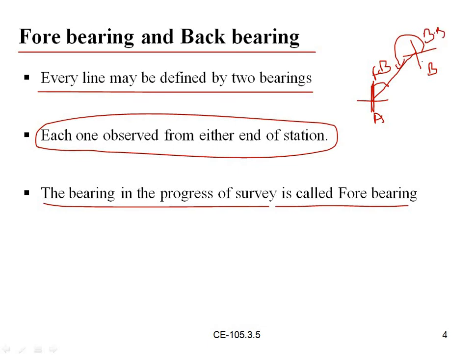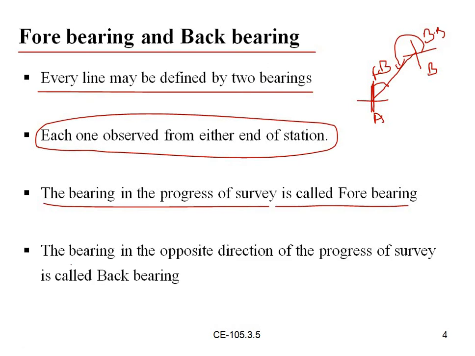That means if we sight in the backward direction, the bearing in the opposite direction of the progress of survey is called back bearing. In simple terms, the reading which we first take is called forebearing, and the reading which you take from that point in the back direction is called back bearing.